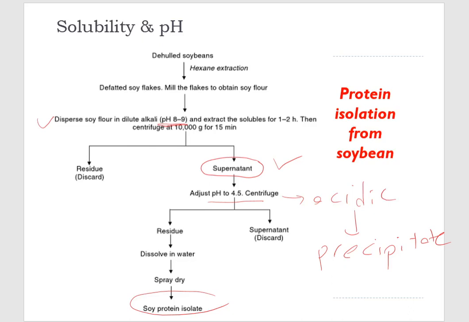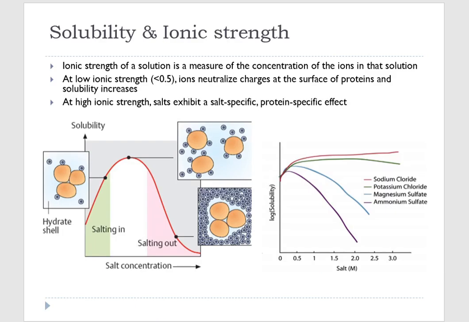Okay. Let's see another factor which affects solubility of proteins here. The solubility is also influenced by ionic strength. What is ionic strength? So ionic compounds like salt, when dissolved in water, dissociate into ions.